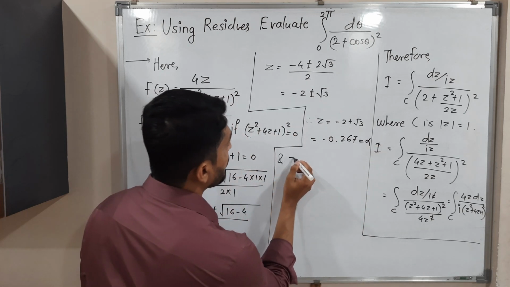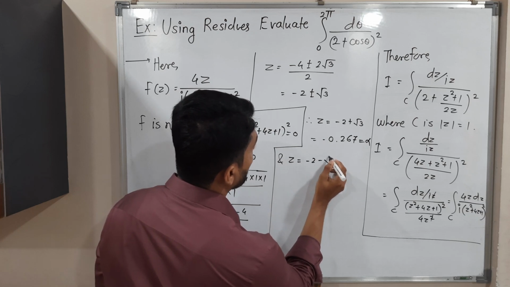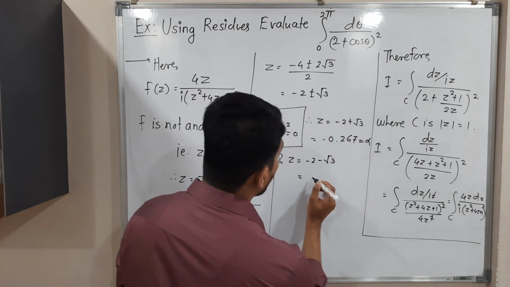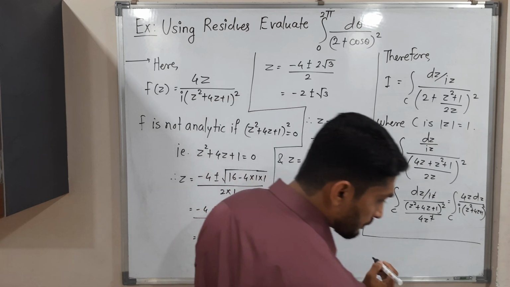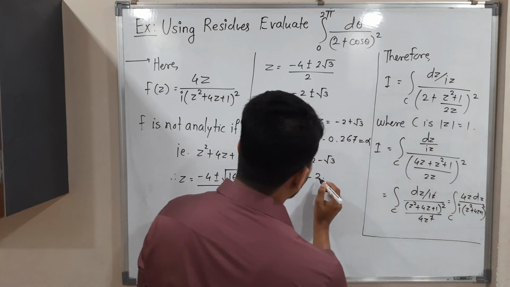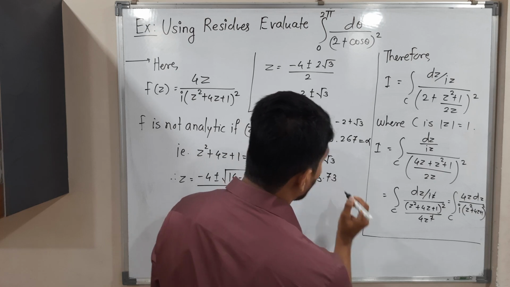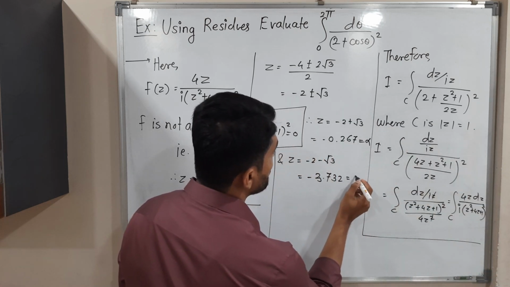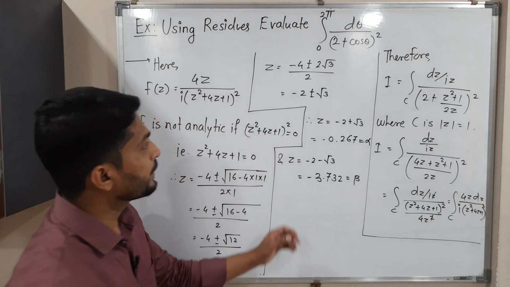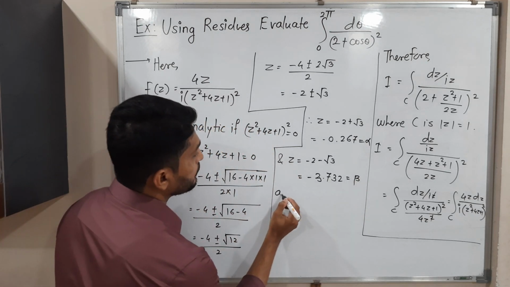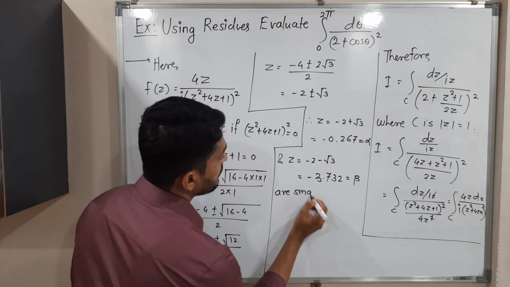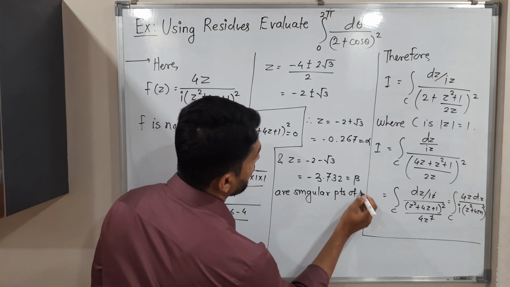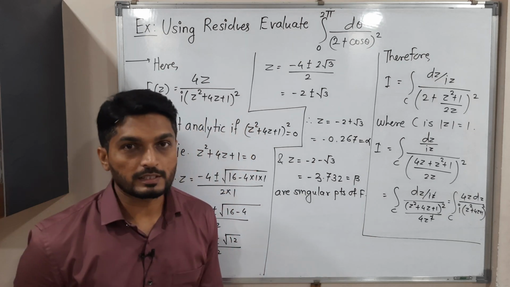And the second singular point, z is equal to minus 2 minus root 3. So using a calculator, we get its value minus 3.732. This is beta, okay. So these are singular points of f.